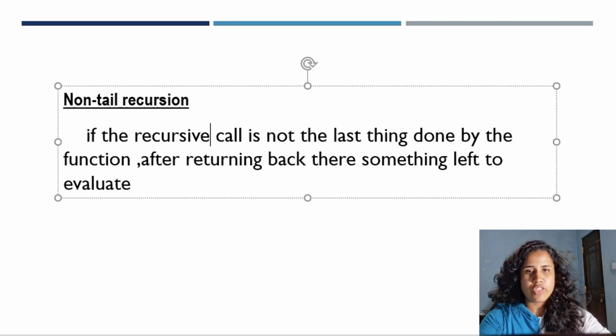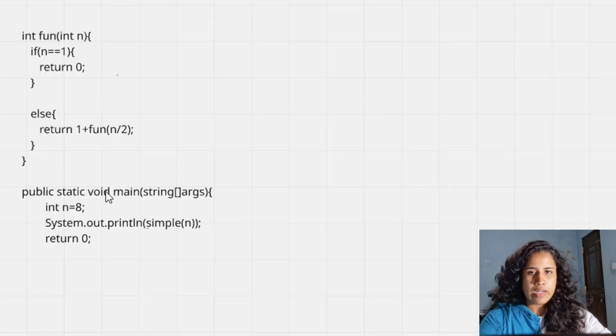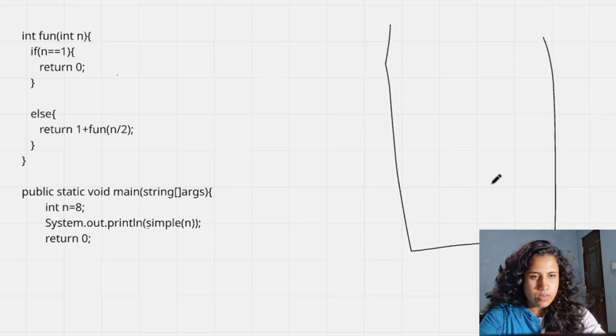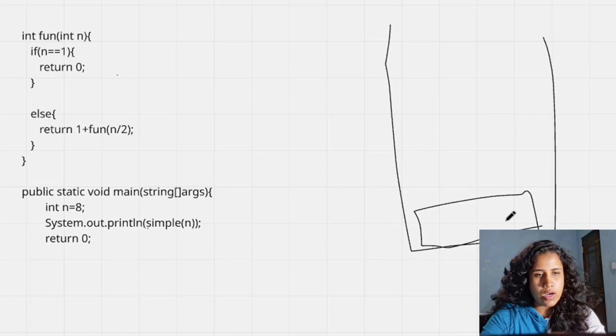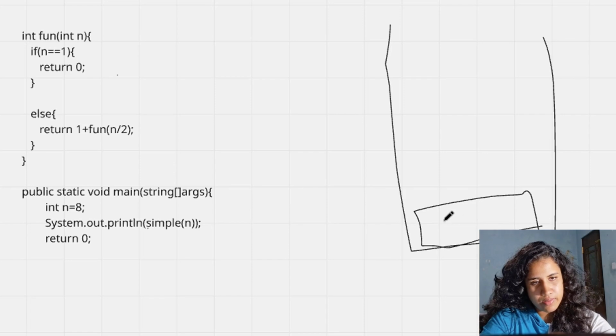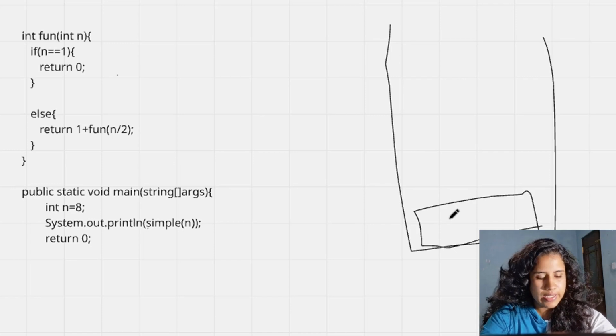So here we can see there is a function named fun with an int parameter n, and if n is 1, it should return 0. If not, return 1 plus fun(n divided by 2). Here we'll draw the stack, starting with main. So here n is 8.